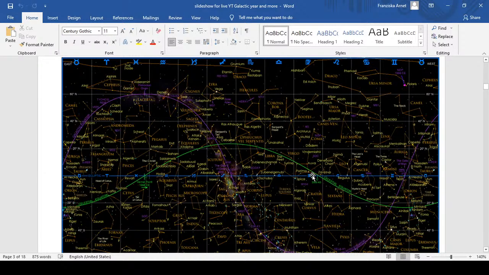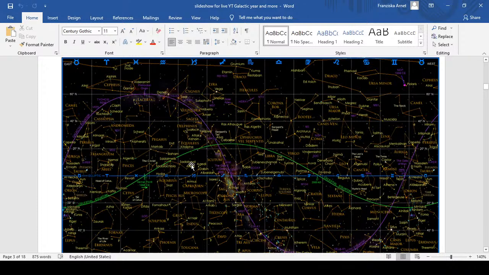We have longitude, like equatorial if you want, or just ecliptical here, and we have the latitude. As you can see, we have the celestial equator, our equator extended into space.